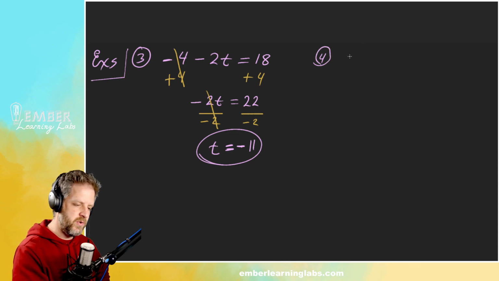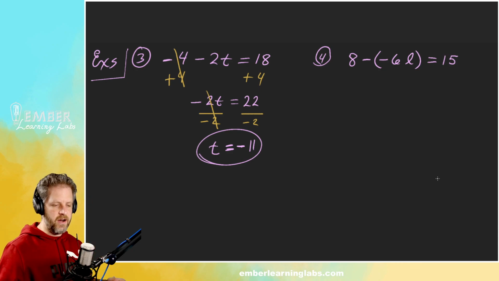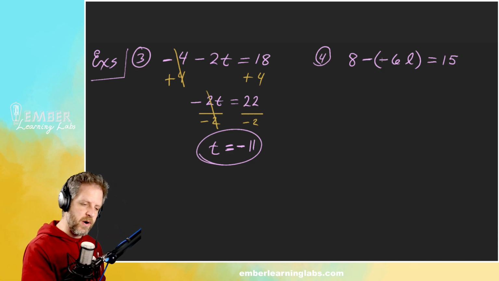Let's do 8 minus -6L equals 15. Now, since we've got this negative, do y'all remember what we do with that?